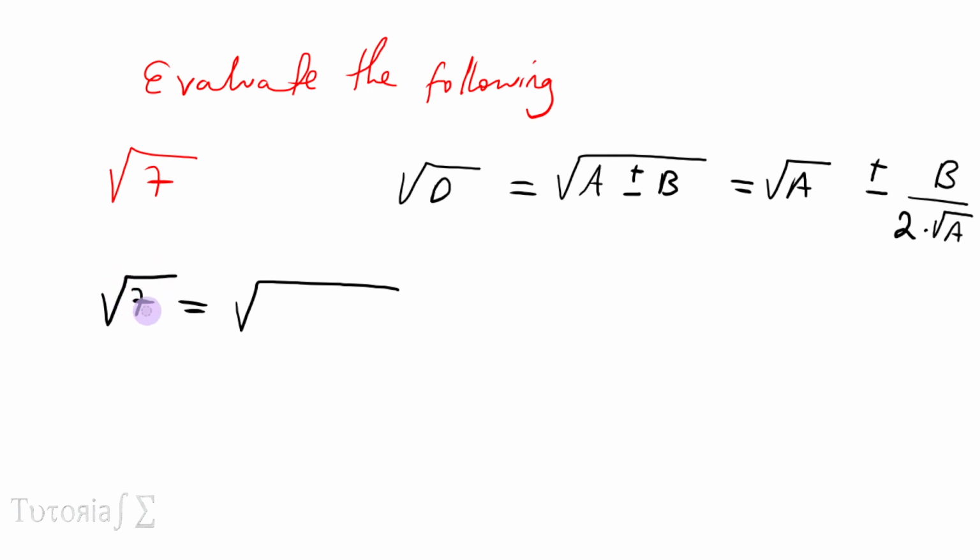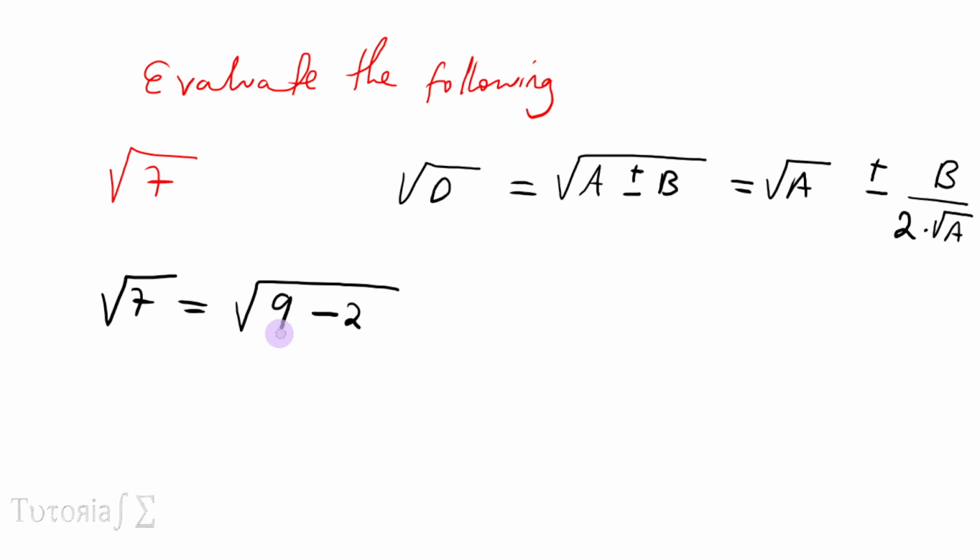The number after 7 that has a perfect root. So the number after 7 that has a perfect root is 9. Now, for us to get 7, what should we add or subtract from 9? If we subtract 2 from 9, we're going to get 7.